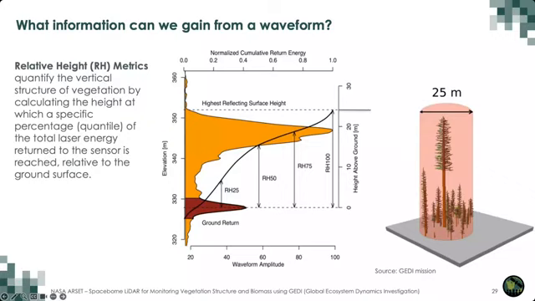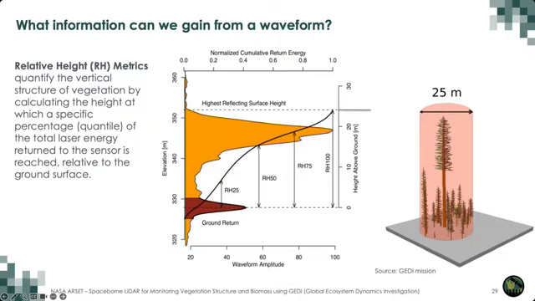But from this waveform, the height at which all of the energy of the waveform is returned to the sensor occurs here, and that's known as relative height 100. So 100% of the energy of the waveform has been returned by this height.